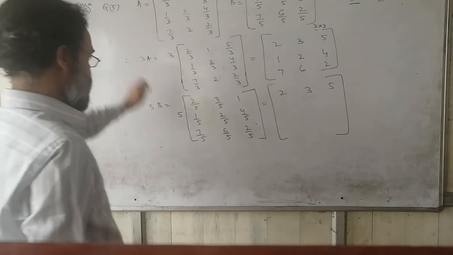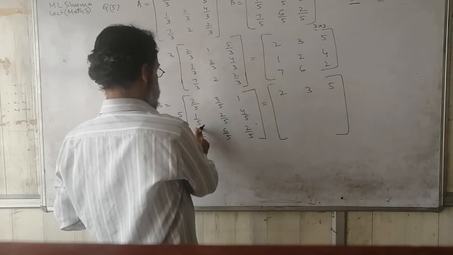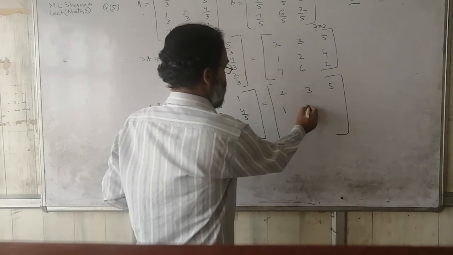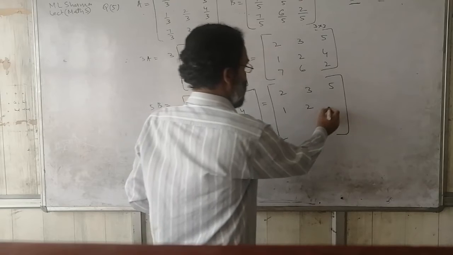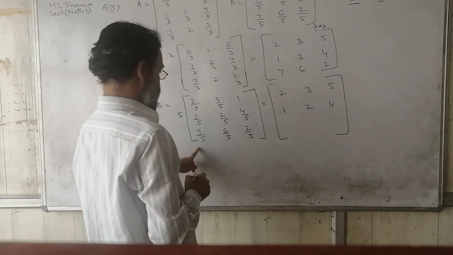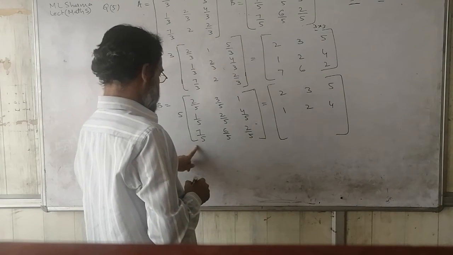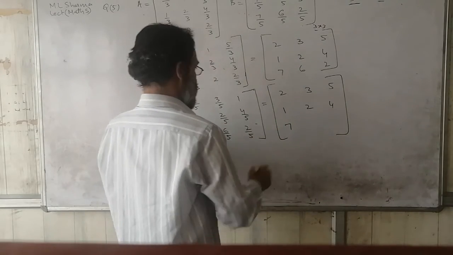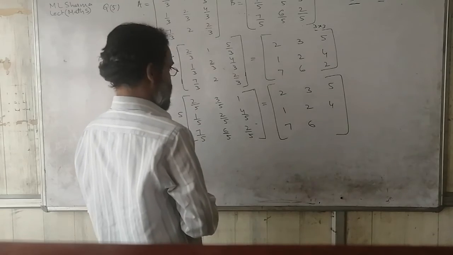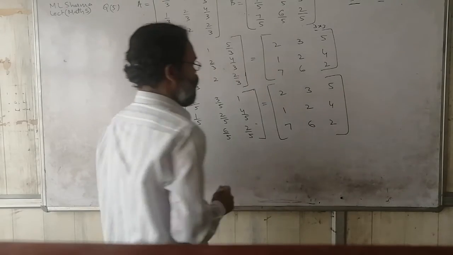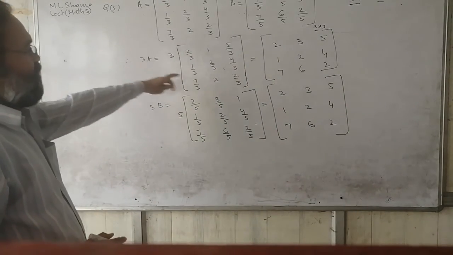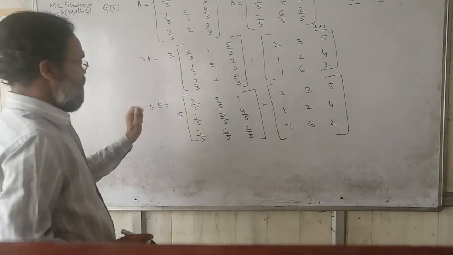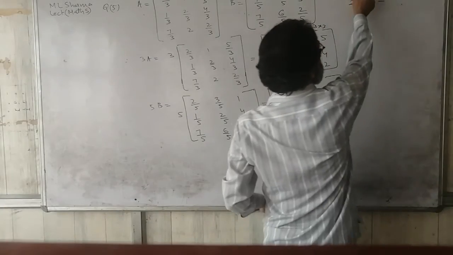In the second row, 5 multiplied by 1/5, I will get 1 here, 2 here, and 4 here. Then for the third row, I will get 7, 6, and 2. So these are the values of 3A and 5B. Now I have to find this value.